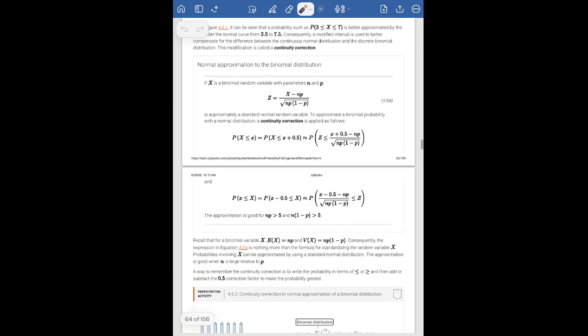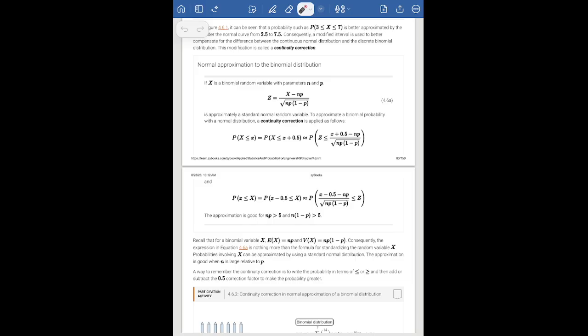Now notice that these two situations are similar, but it would look at whether or not we're going above or below our variable, and having its bounds to go above x or below x.